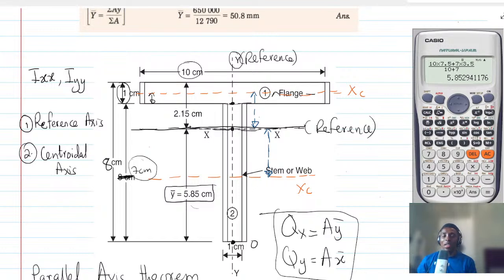And then this is the centroidal x-axis of the first area. Who can tell us the distance between this axis and this axis? You can see that it's going to be very simple.